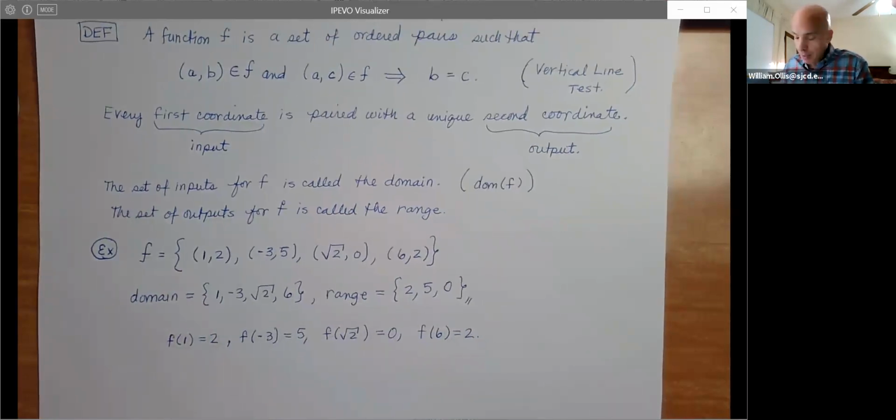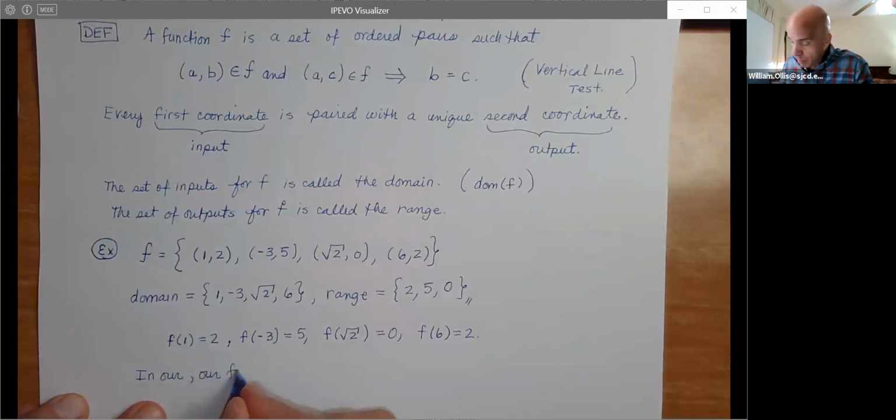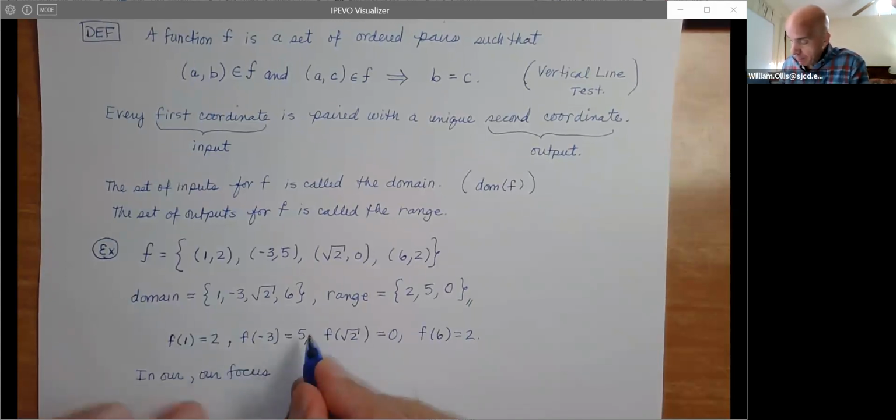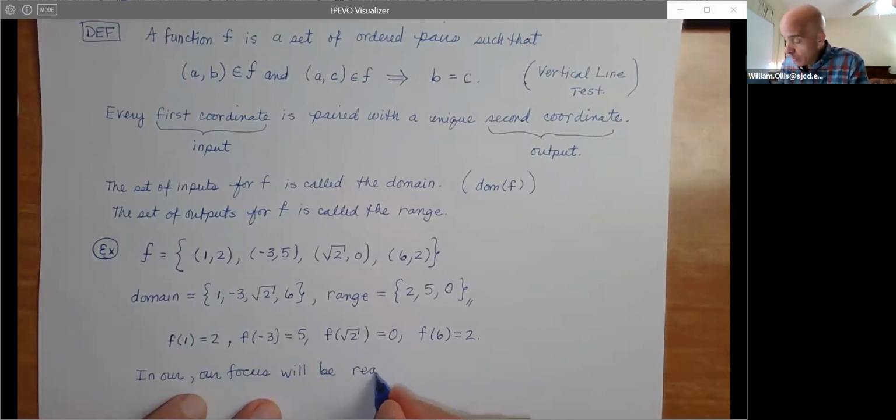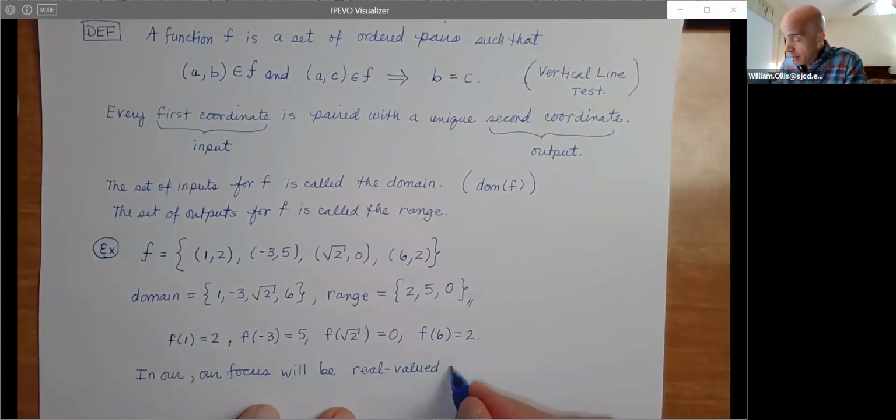Now, normally, in our course, our focus will be real valued functions. That is, we're going to have functions that have real output and real input of a real variable.